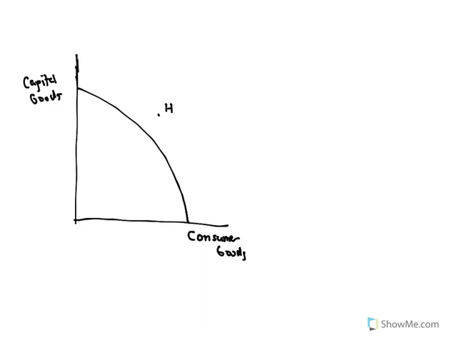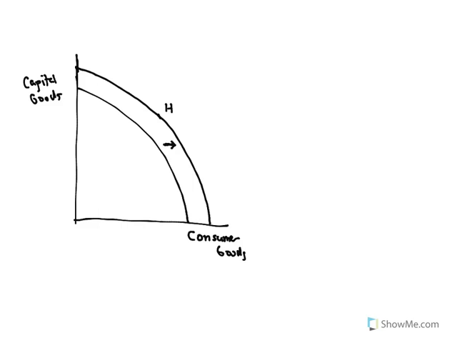So it would follow that if we were somehow able to get more resources, we could move to point H. And when that happens, that is called a shift of the production possibilities curve. We draw it by just drawing another PPC, and then we indicate which direction the PPC moved with an arrow. Because it moved outward or increased, we use a rightward arrow.